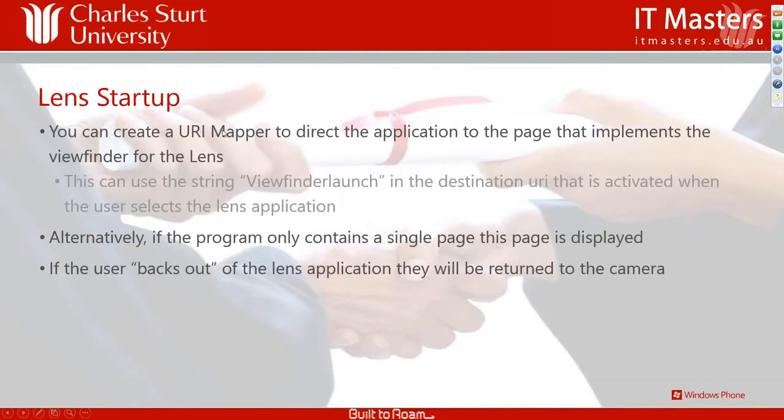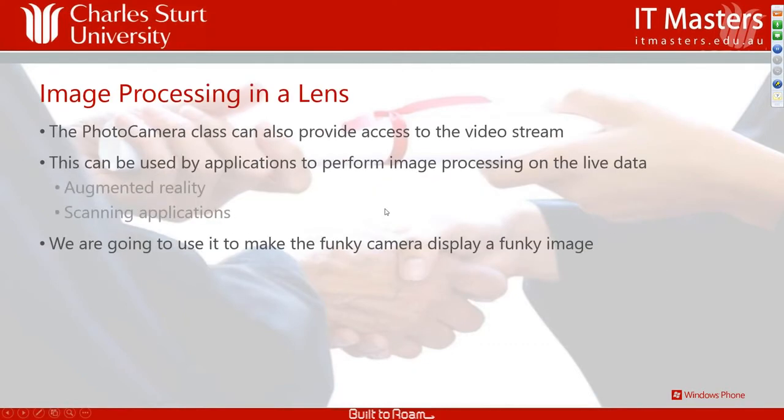So again, when our application gets invoked, we're going to be looking for this static string, which basically says viewfinder launch, and use that to direct to the appropriate part of the application. In terms of processing the contents, this is very similar to what we saw before, where we're working with the raw video stream.